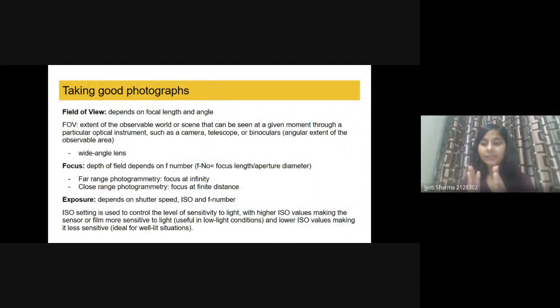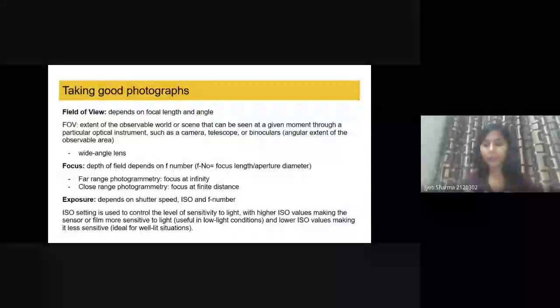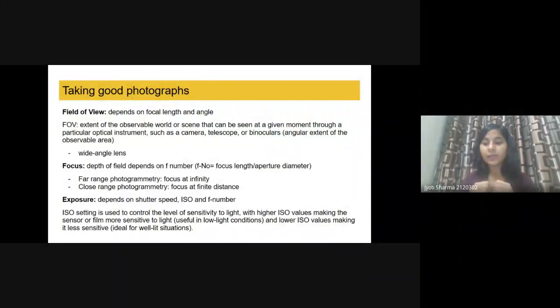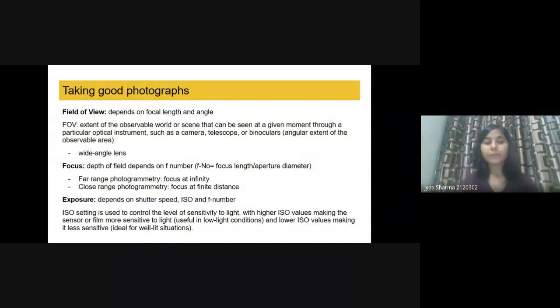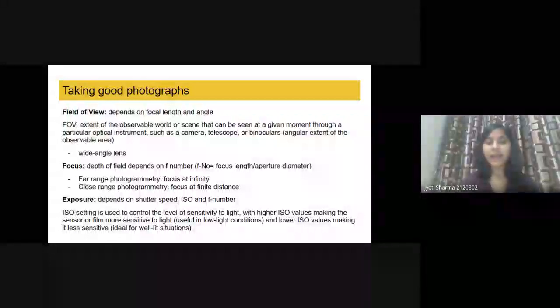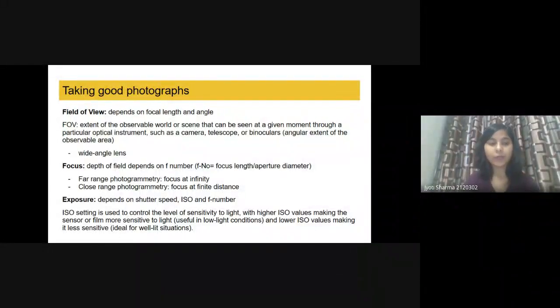If your angle is low, you are focusing on a very low area. And if you want to work on 1 kilometer or 2 kilometers, your angle should be more. So this is the field of view, and it also depends on the focal length of the lens and the angle.